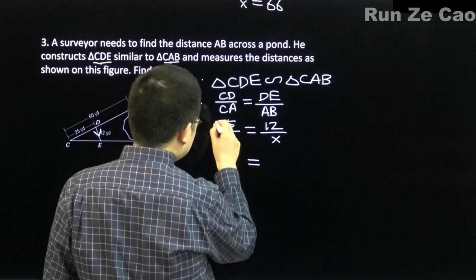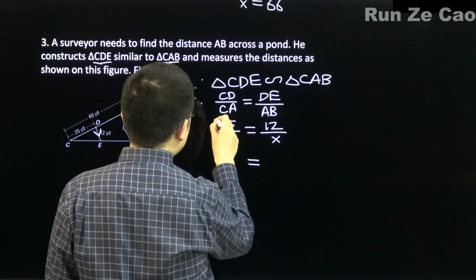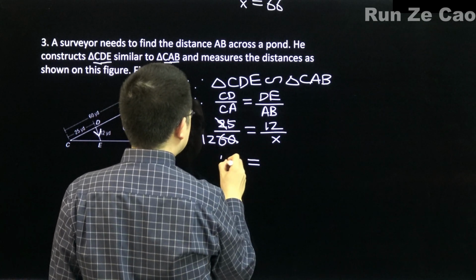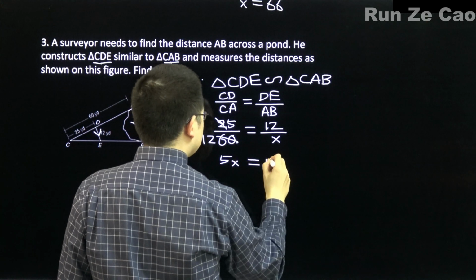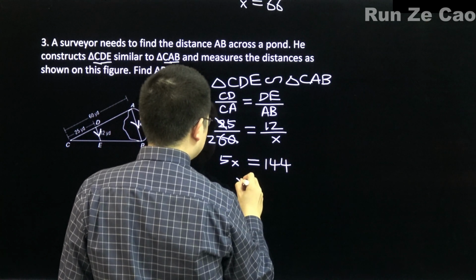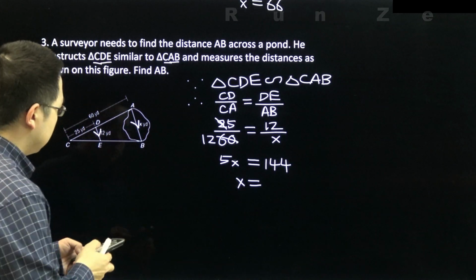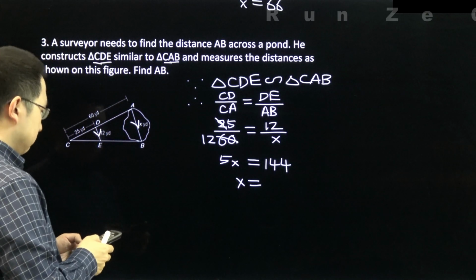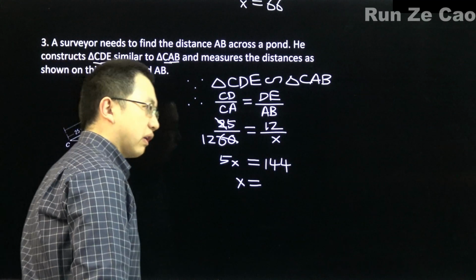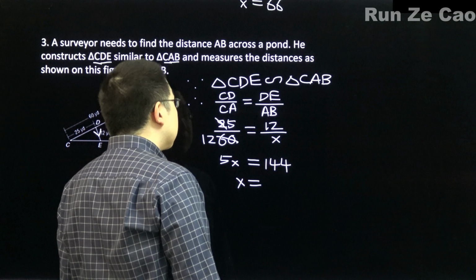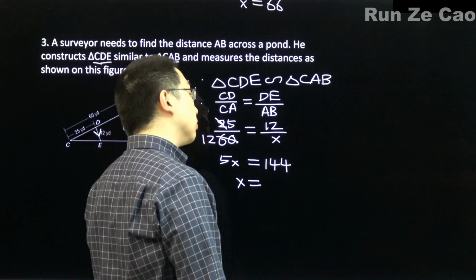You can cancel this out to get a 5, and the bottom can be a 12. So you end up with 5x equals 144. X is equal to 144 divided by 5. When you divide by 5, you divide by 10 and then multiply by 2.